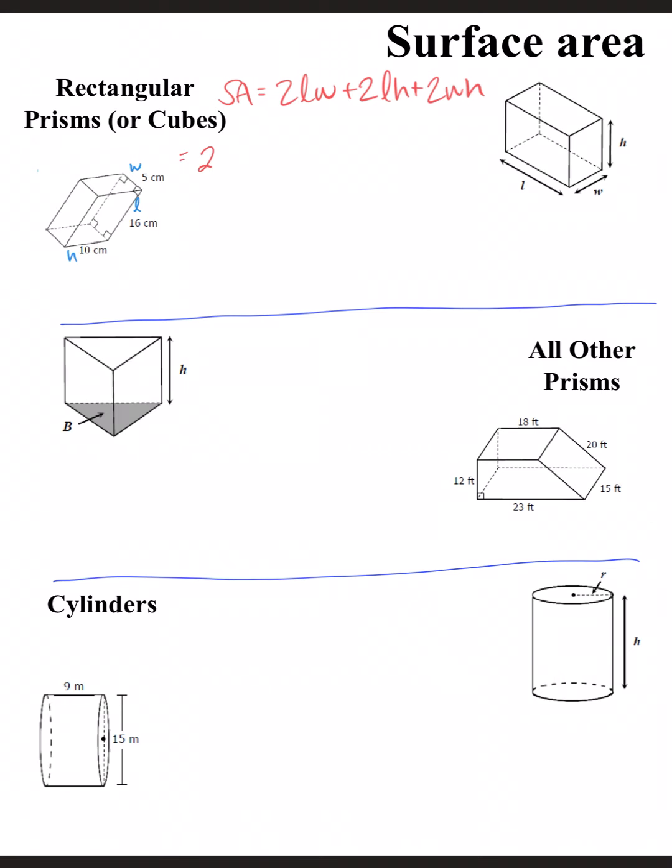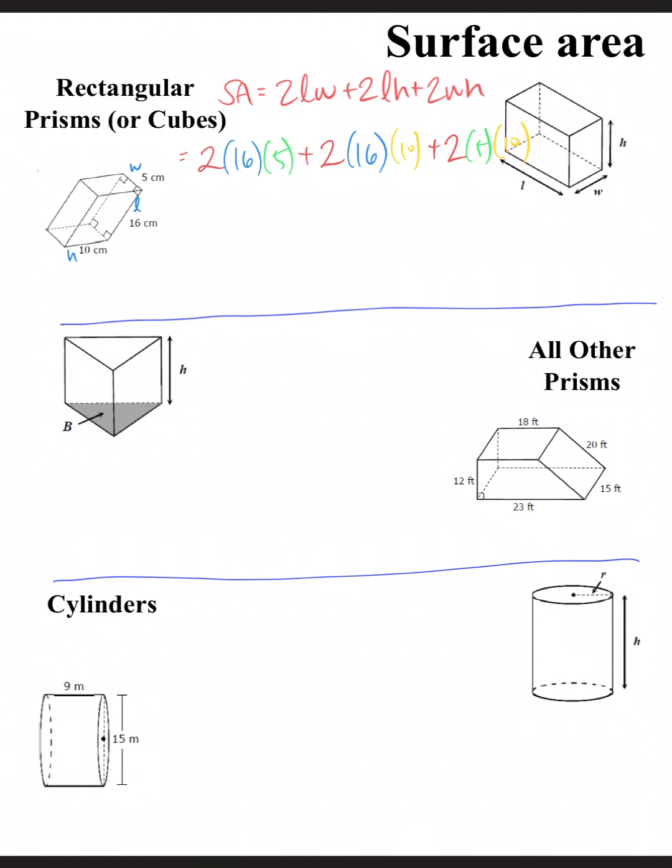We've got 2 times length of 16 times width of 5, plus 2 times length of 16 times height of 10, plus 2 times width of 5 times height of 10.